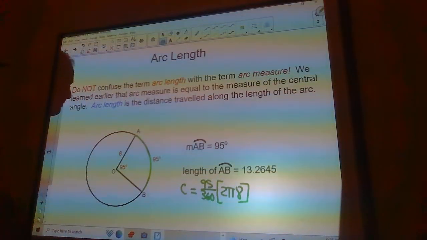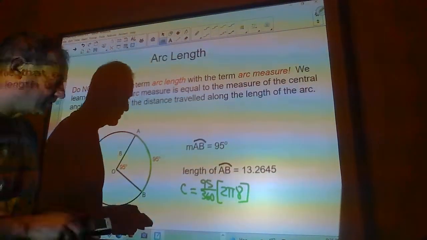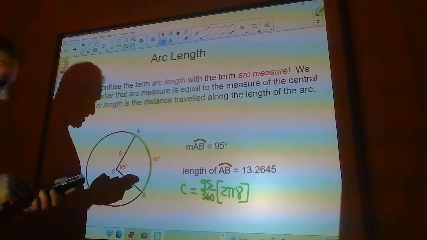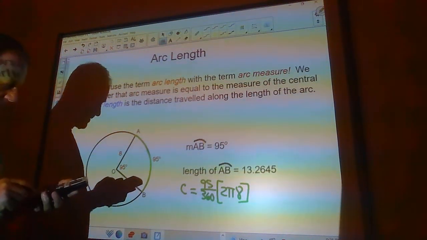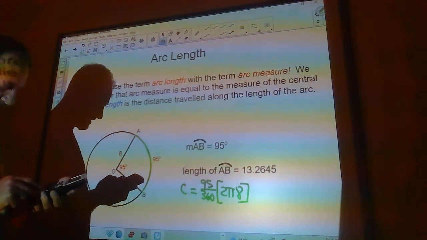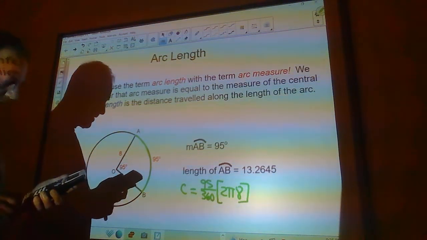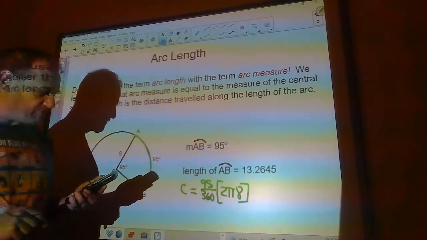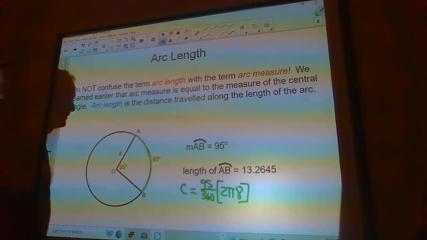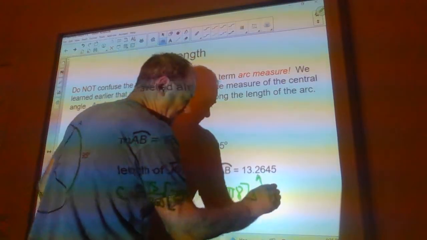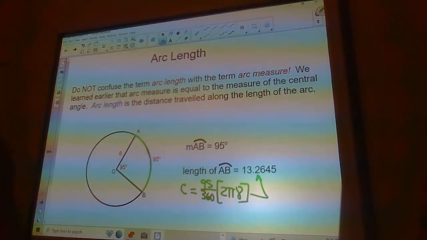Let's multiply that out to make sure I got this right. That'd be 16 pi times 95 divided by 360. Bam, 13.2645. Okay, so there you go. This becomes that.